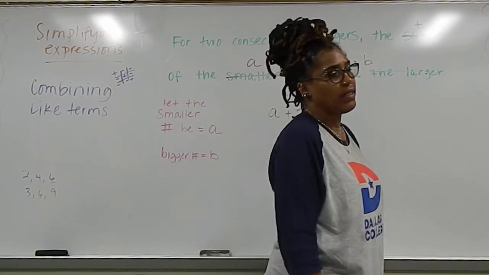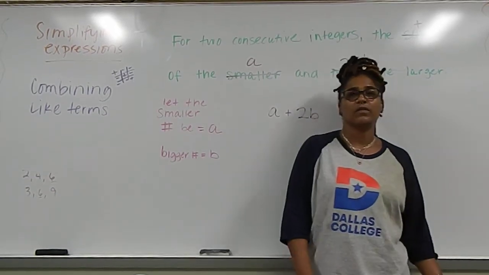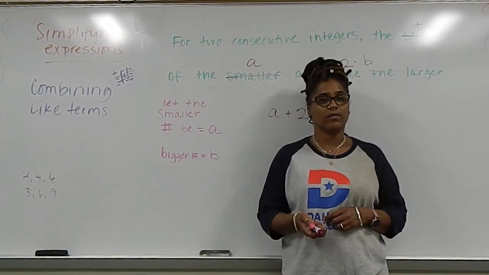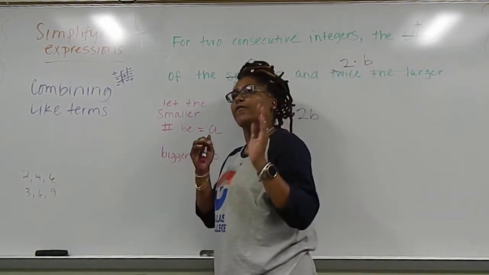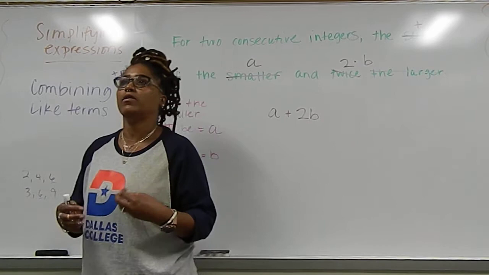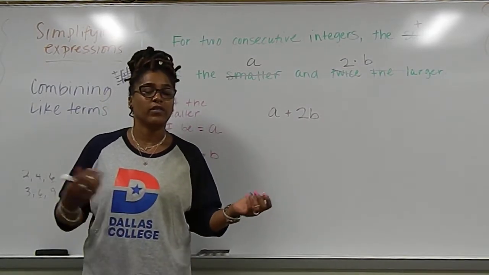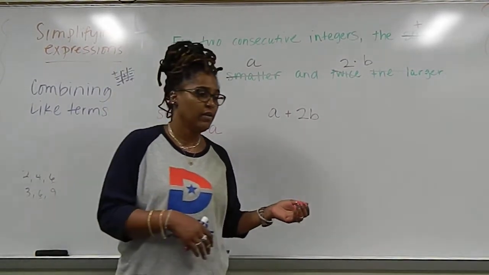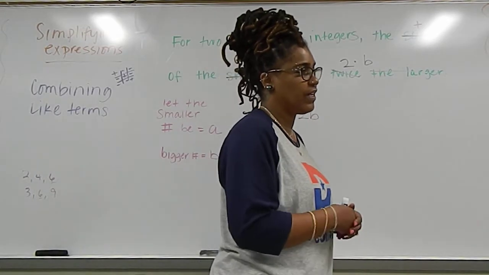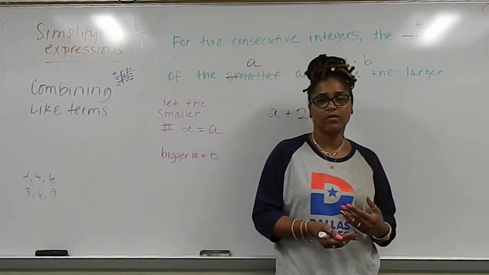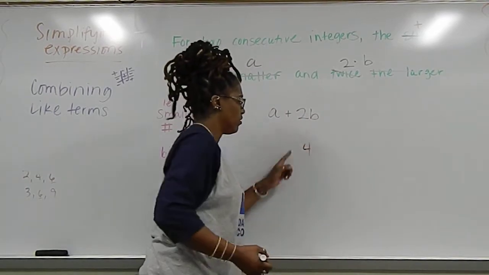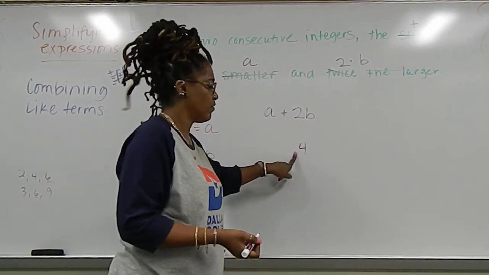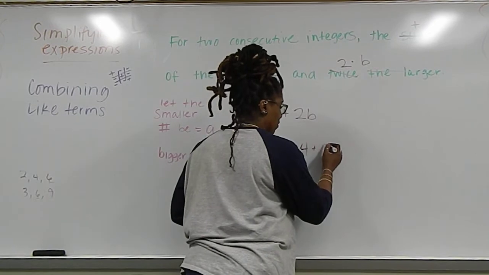So let's just say the first number was 4. The next number is what? Right, 5. So when we go from 4 to 5, how do we get there? We had 4. What did we do to our 4 to give us 5? We added 1.